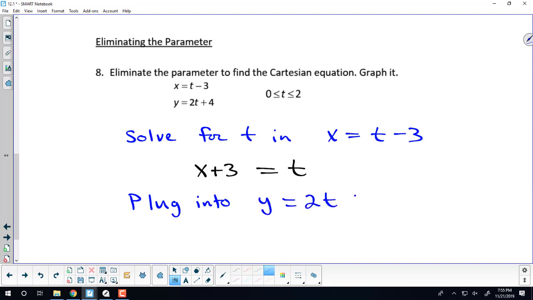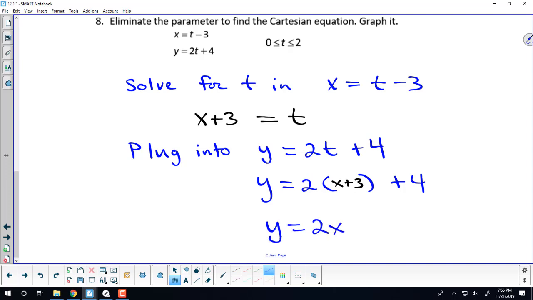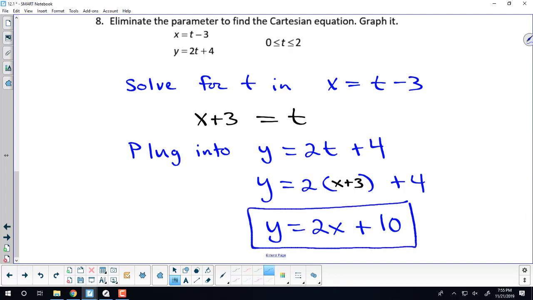So we can have y as 2 times (x plus 3) plus 4. Or we have y as 2x plus 10. So we can see that represents a line, but it's not the full line because t only ranges from 0 to 2, so we get a partial line, if you will.